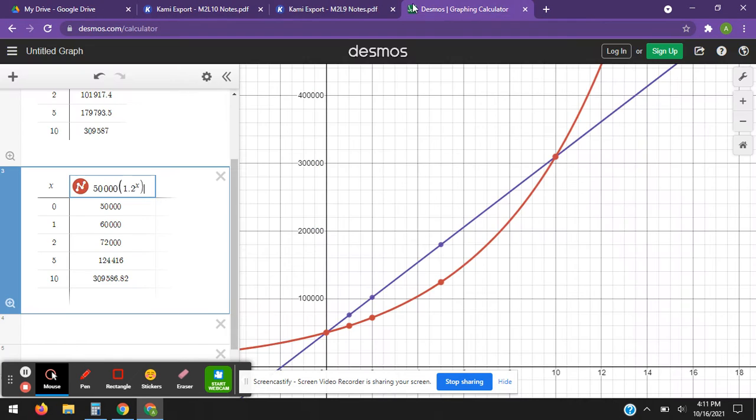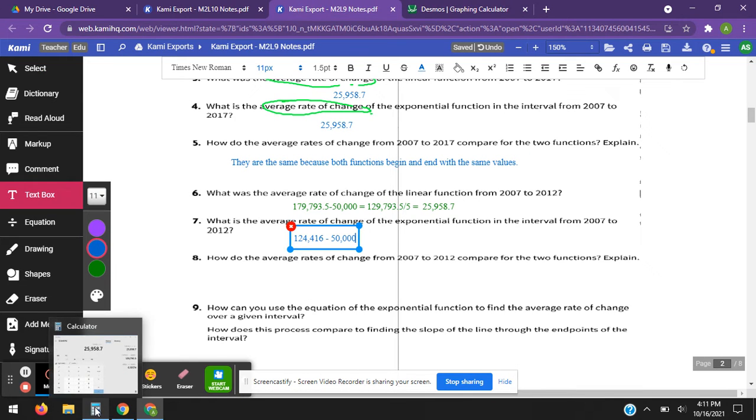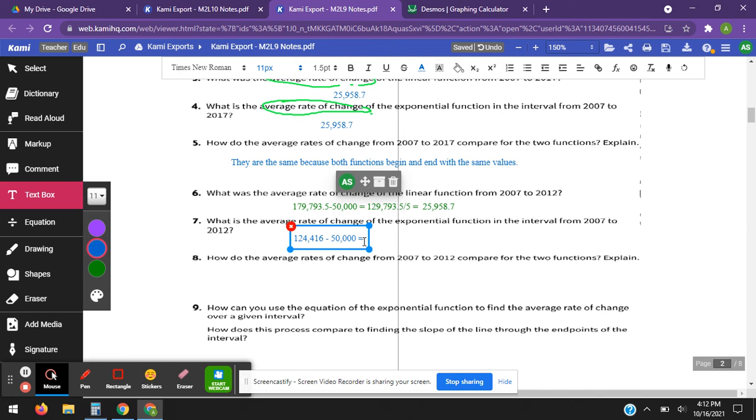Just make sure I wrote that right: 124,416. Yep. So 124,416 minus 50,000 is 74,416.